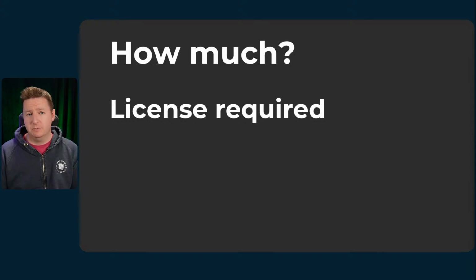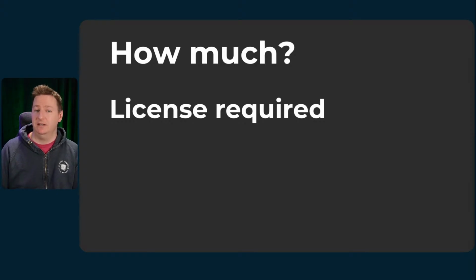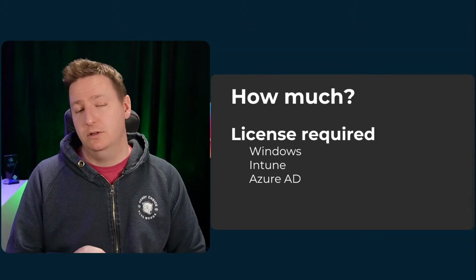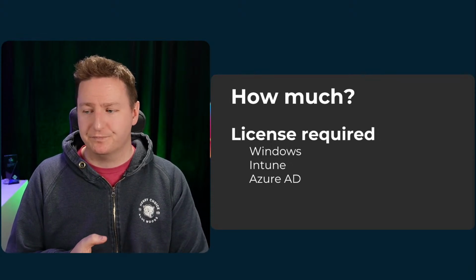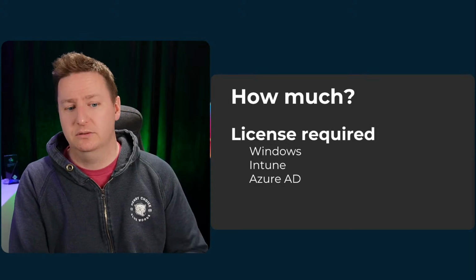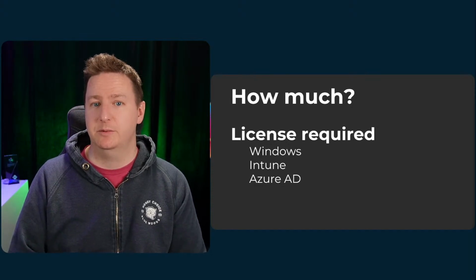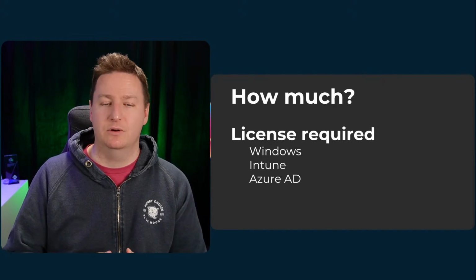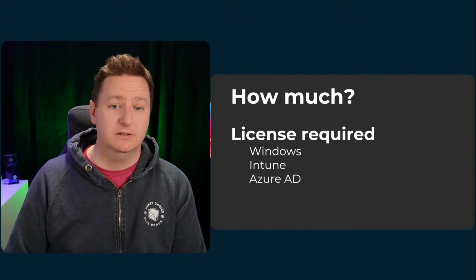And the license requirements here are actually the exact same as for Windows 365 Enterprise. You need to have a license for Windows, for Intune, and for Azure AD. And you could, of course, buy a bundle that has all these, like the Microsoft 365 Business Premium. But yeah, you need to have these licenses in order to use the DevBox service.